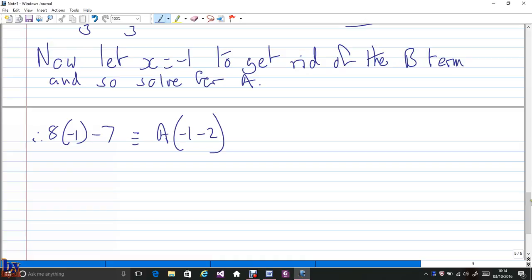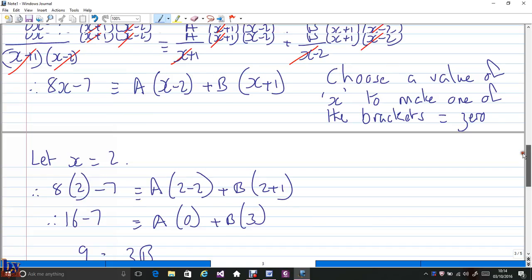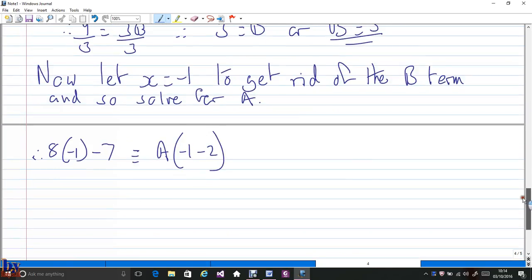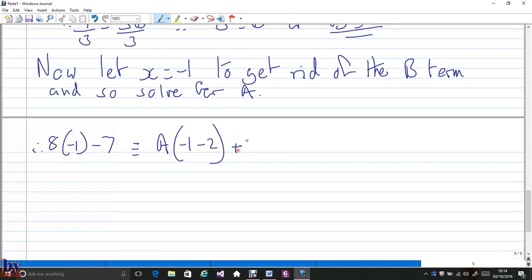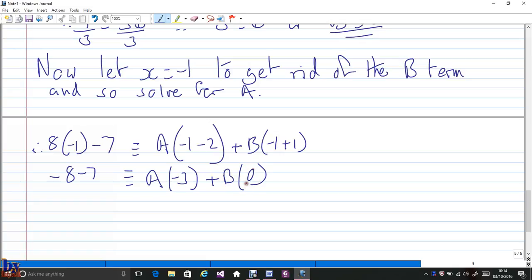Let's just check, because we've got a into x minus 2, yes, plus b into minus 1 plus 1. So you get minus 8 minus 7 equates to a into minus 3 plus b into nothing.